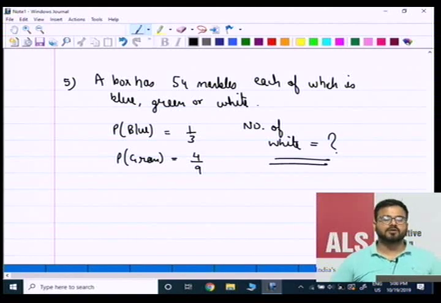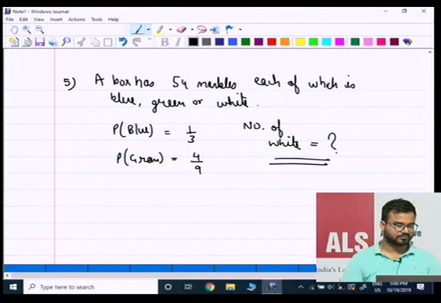If you pick one of the marbles, the probability of picking a blue marble is 1/3 and the probability of a green marble is 4 by 9. We have to find the number of white marbles in the bag.